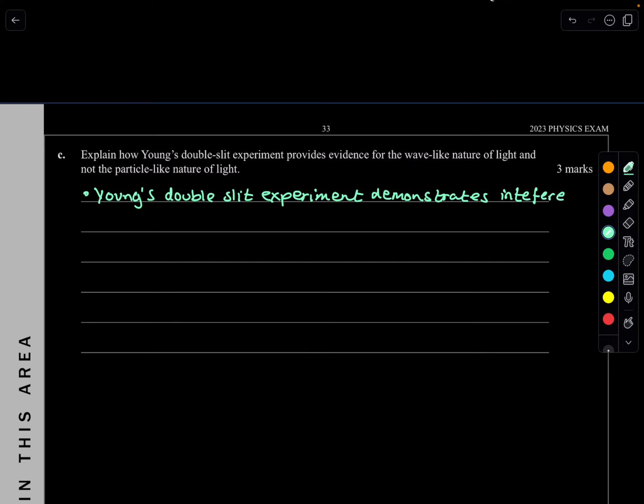That's where the first mark comes. The second mark is saying interference is a wave phenomenon. Thus, the wave model is supported.